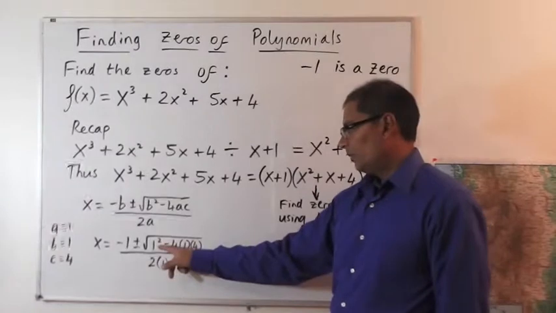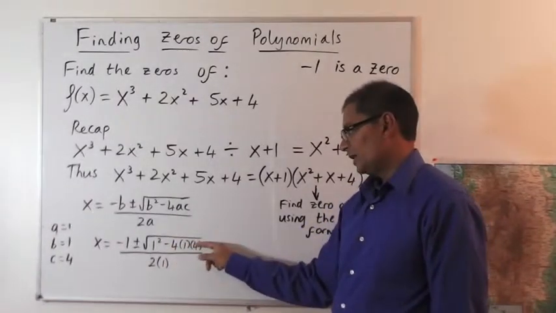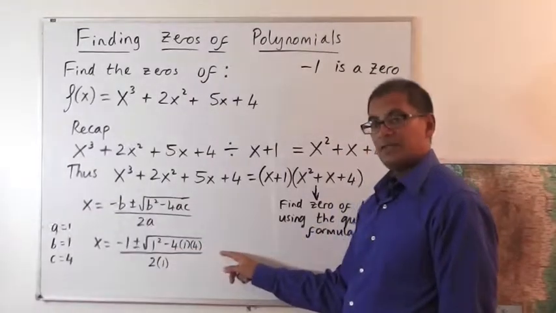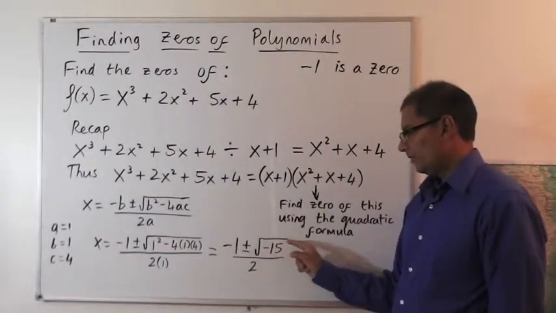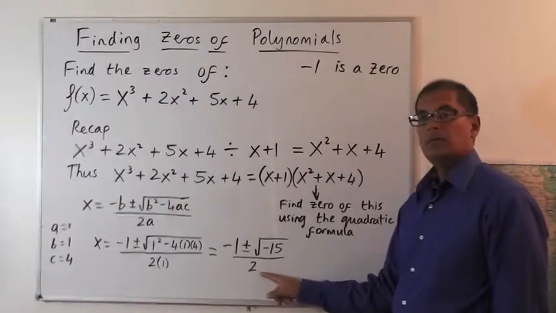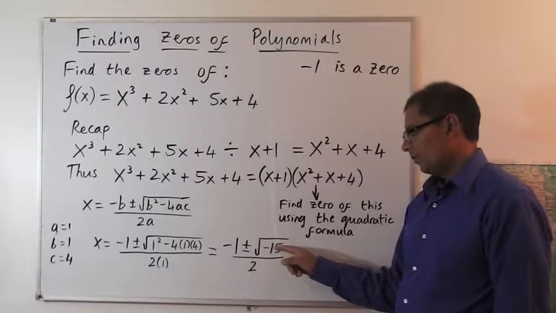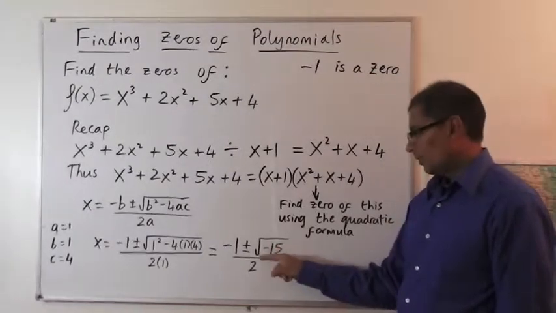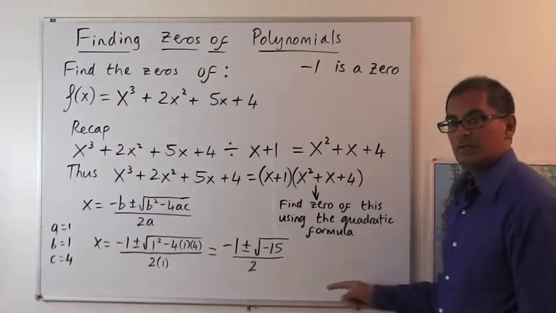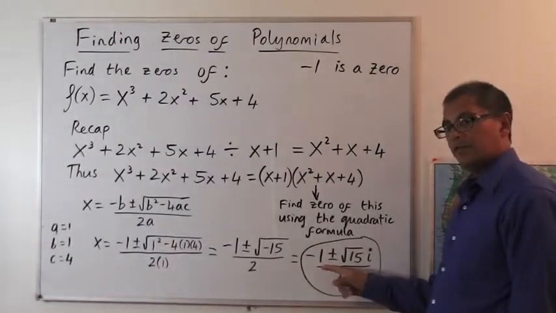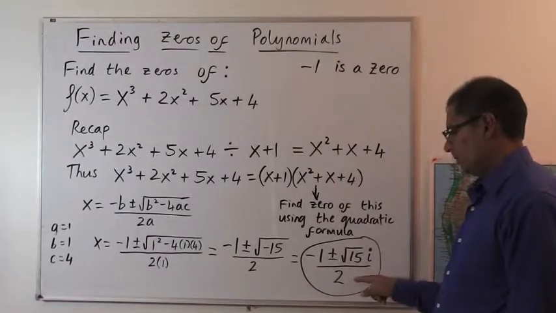So 1 squared minus 16 is going to give us negative 15 here. So simplifying, this is negative 1 plus or minus the square root of negative 15 over 2. Now the square root of negative 15 is an imaginary number. So we can replace the square root of the negative here with i. So what we end up with is negative 1 plus or minus the square root of 15 i over 2.